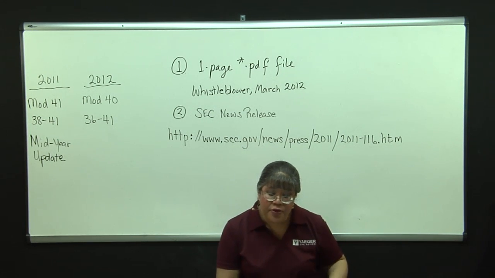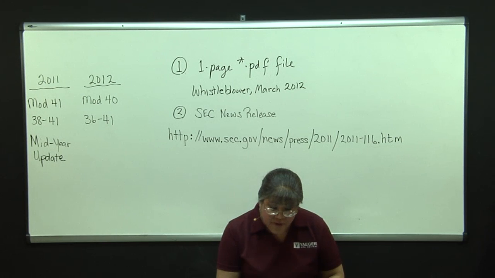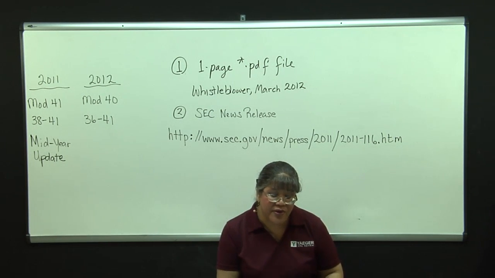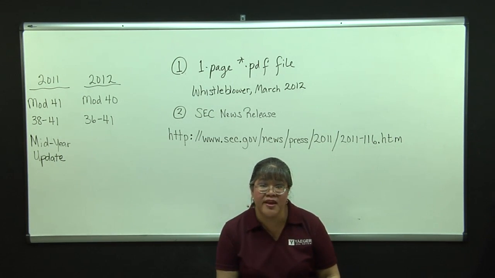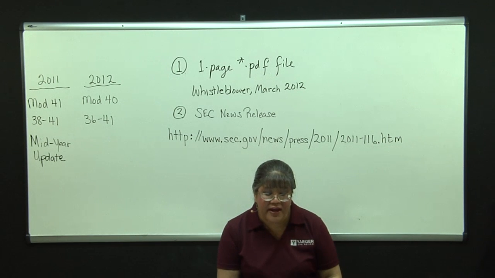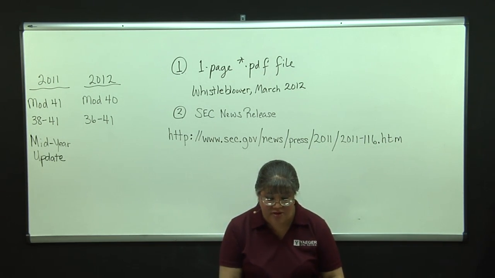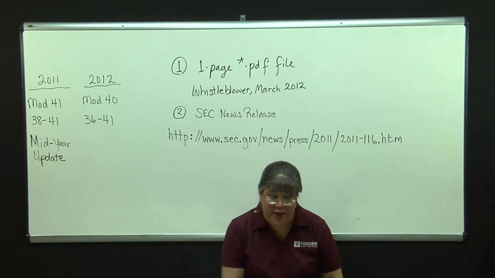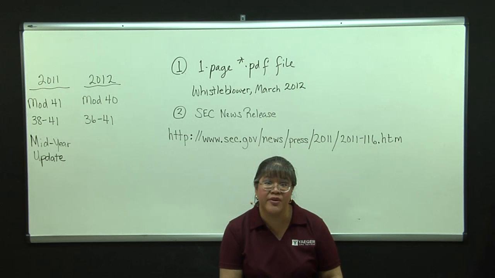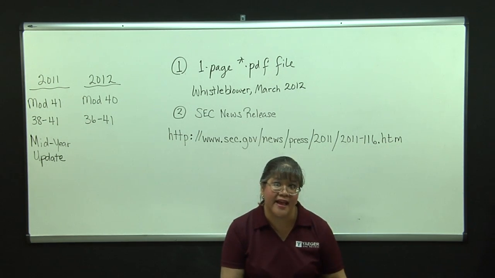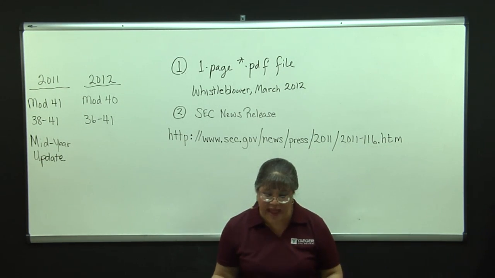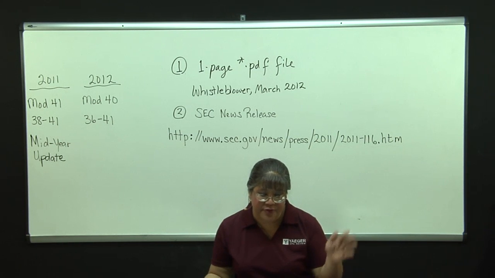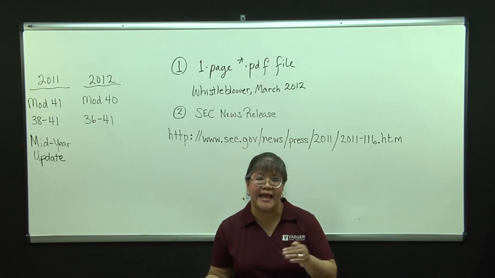In addition, the rules make it unlawful for anyone to interfere with a whistleblower's efforts to communicate with the SEC, including threatening to enforce a confidentiality agreement. Okay, so they make it illegal then, unlawful for anyone to interfere with a whistleblower's efforts to contact the SEC about these acts. Okay, so I just wanted to point that out to you, that you're not supposed to retaliate against the whistleblower.